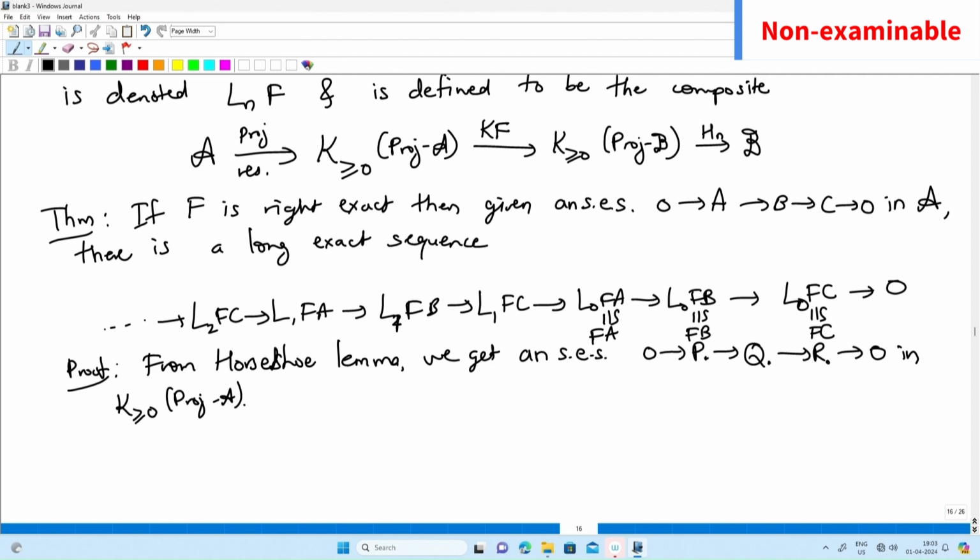If you were dealing with a left exact functor, then you will have right derived functors, and these can be thought of appropriately as functors from the derived category. Okay, I'm not going to do that. We have already said a lot. And let me also tell you that the Hom functor is left exact.